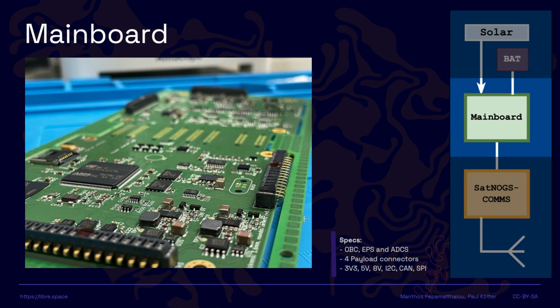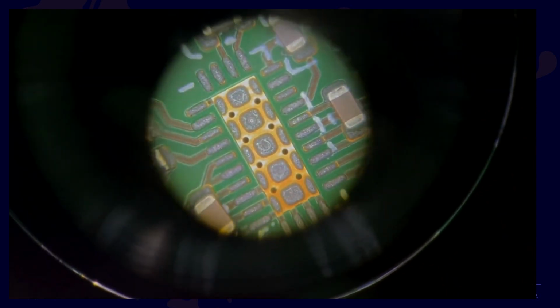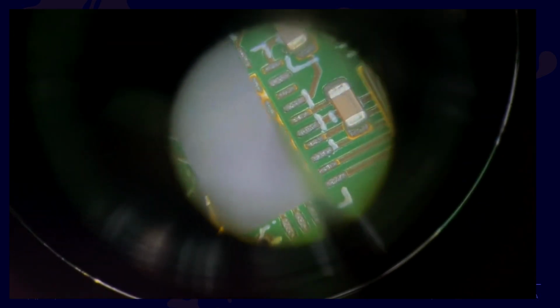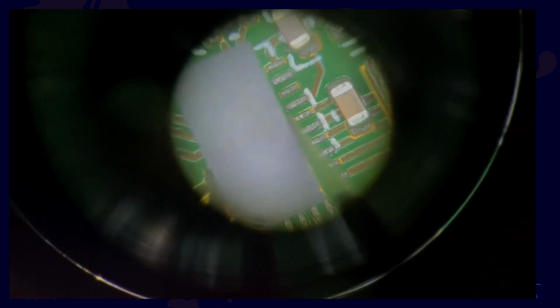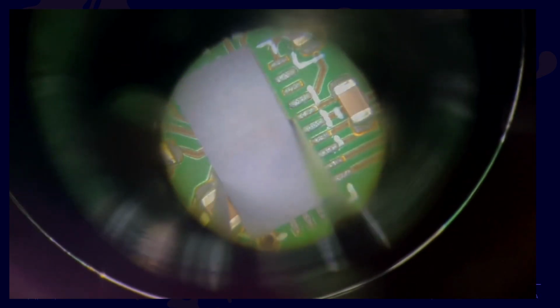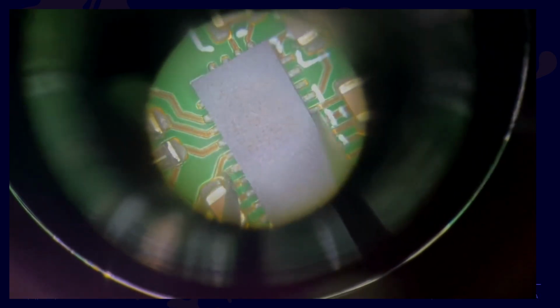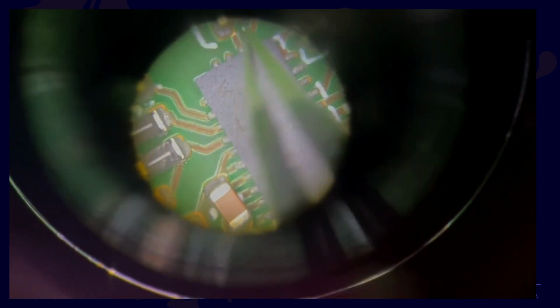And the 4 payload connectors provide a couple of different kinds of voltages and some communication systems, especially CAN bus, to allow communication to the payloads. All of these things we not only designed but also produced. Both of the boards that you saw before have over 600 components each, and every single component has to be placed by hand below a microscope onto the PCBs, and then soldered in an oven. So there we go.